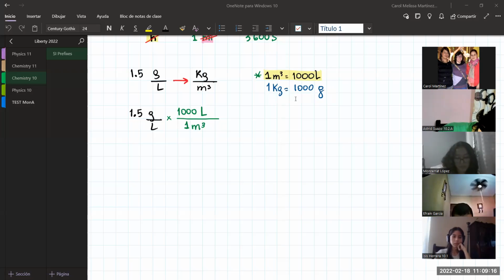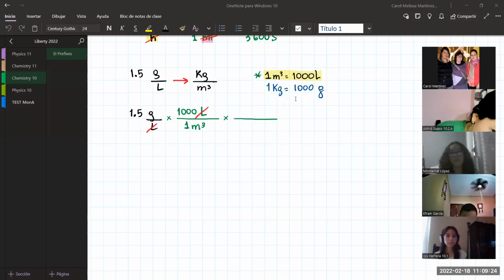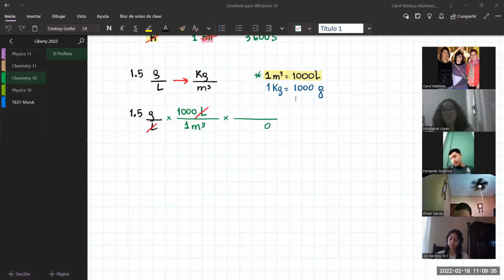With this, I get rid of liters, and I get cubic meters. Now, in the next conversion factor, where I need to write the grams, up or down? Down. What number is next to grams? 1,000. And 1 kilogram?